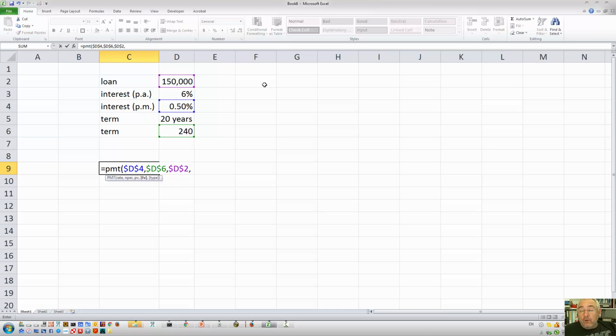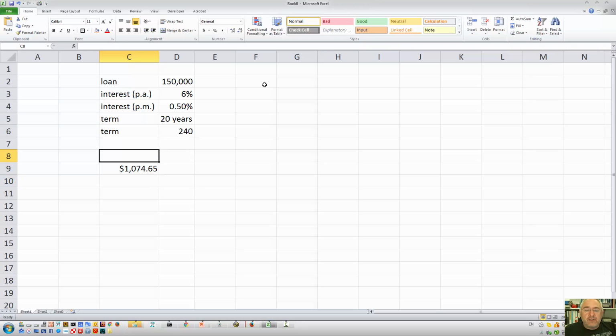Future value, when it's finished, I want it to be paid off, so I want that to be 0. And I'm going to make the first payment at the end of the period. Okay, so let's make that 0 as well. Okay, it does minus signs, so I'm going to have to pay $1,074.65 a month in order to repay that loan.